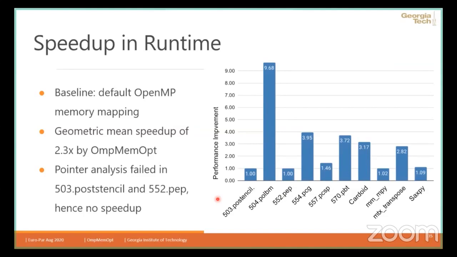The stencil and the PEP benchmarks were some of the cases where we were not able to disambiguate the pointers and the arrays that they were referring to, and that's why our analysis failed. So that is one of the drawbacks of this analysis, that it relies on a strong pointer analysis to be able to do this optimization.